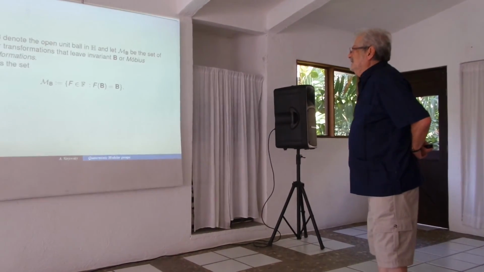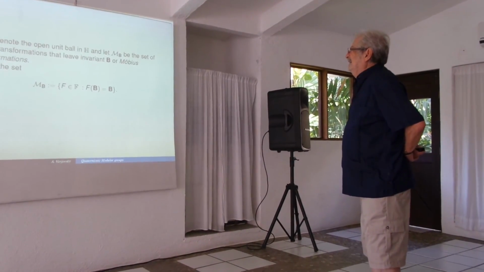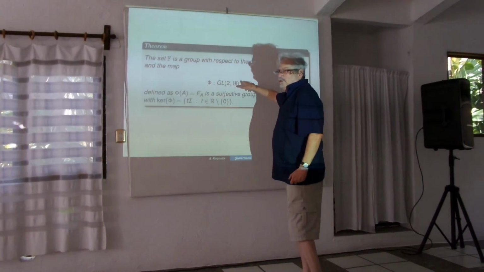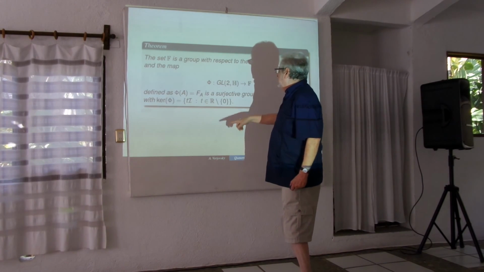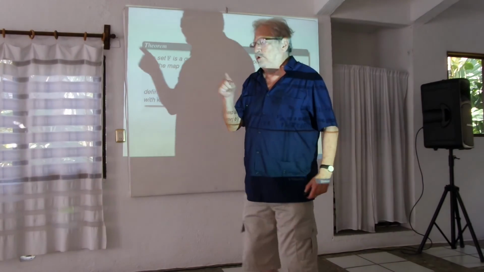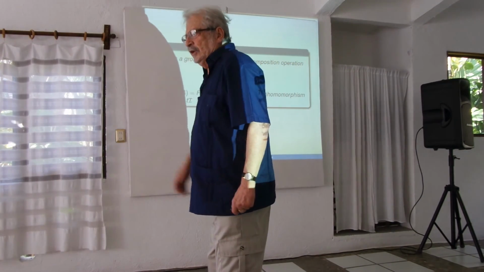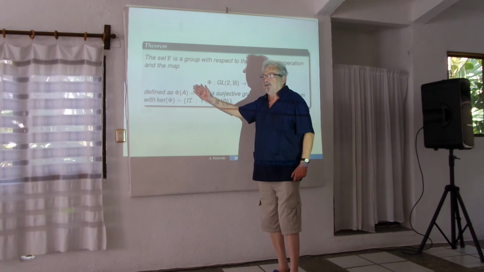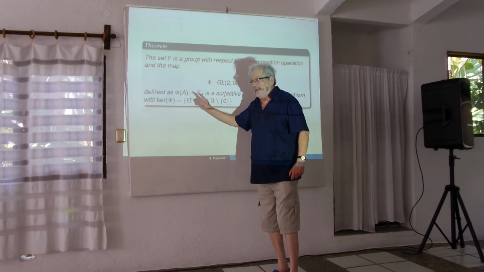So it's fantastic. What I'm saying is that there's a map from the matrices to the Möbius transformations, and in the previous case the kernel was also plus or minus 1. In this case the kernel is the central diagonal matrices, T times the identity, with T real.